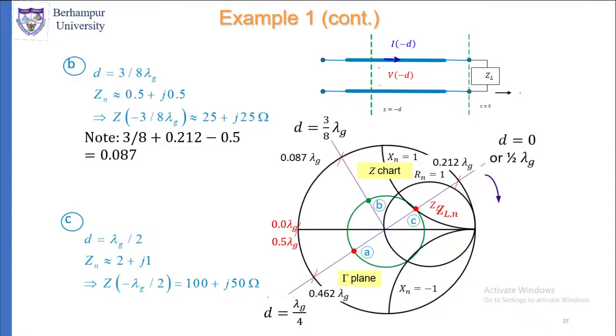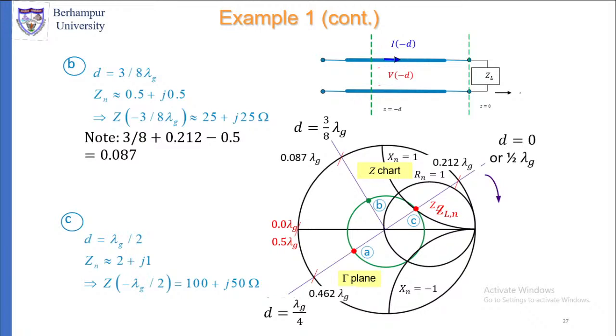So look at the outer circle where it is written towards the generator, and there the wavelength is given. So follow that wavelength up to ZLN in the clockwise direction.